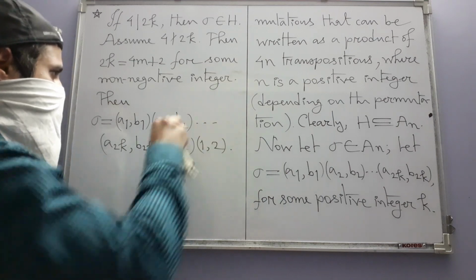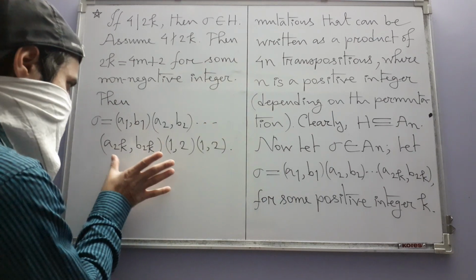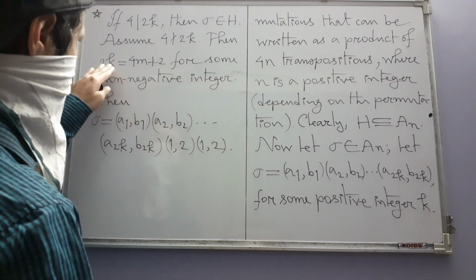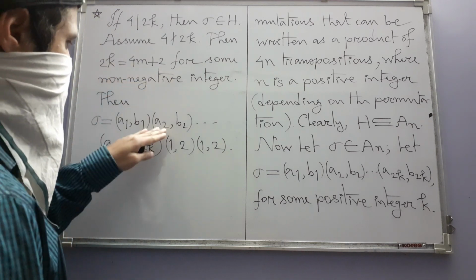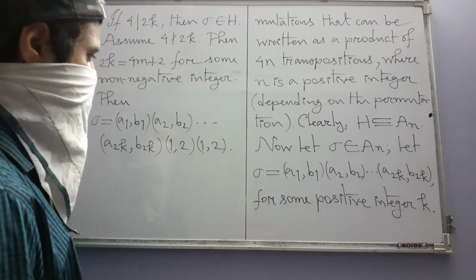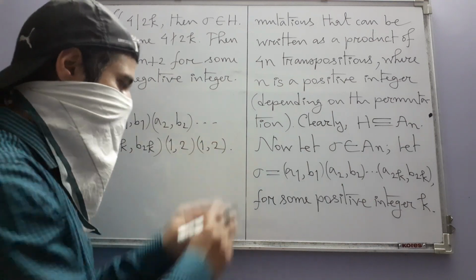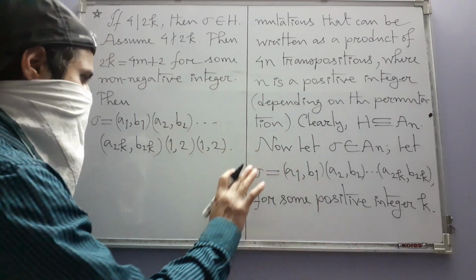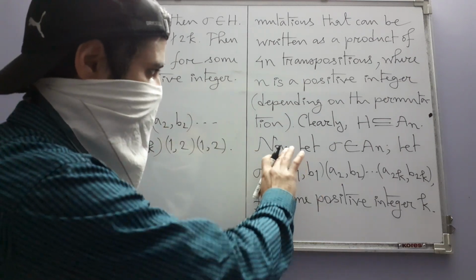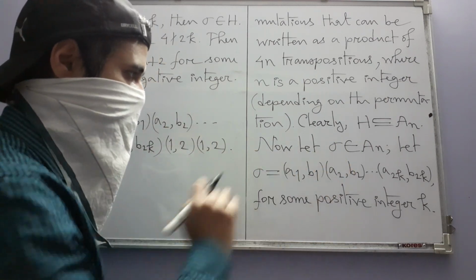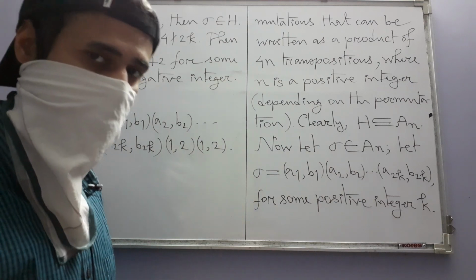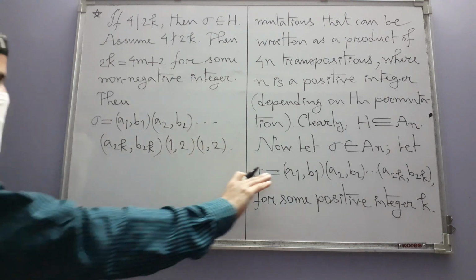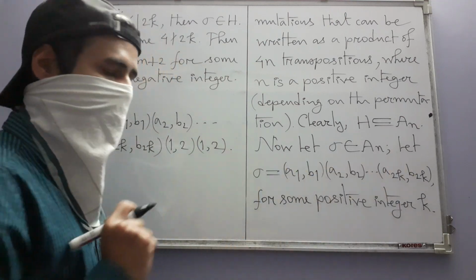So now what happens to this product? Originally it had how many transpositions? 4m plus 2, but now 2 extra transpositions have been added. Note that we have not been told that the transpositions have to be disjoint permutations, no. Just the number of them matters.